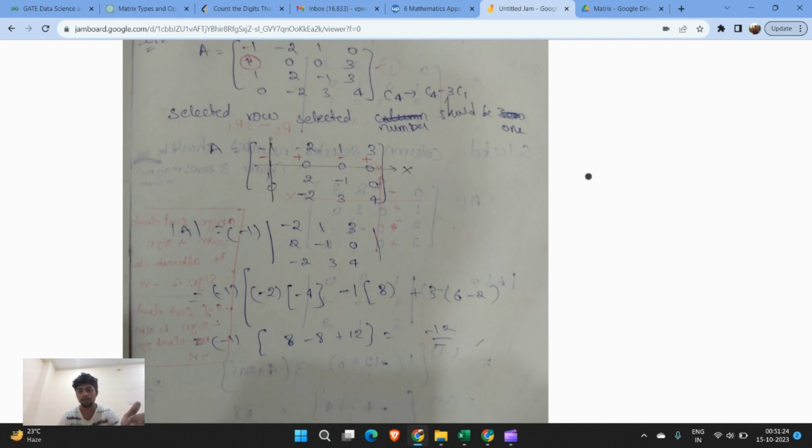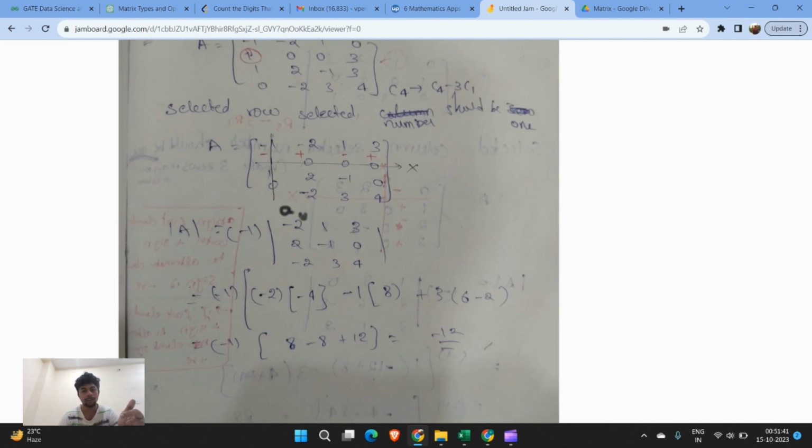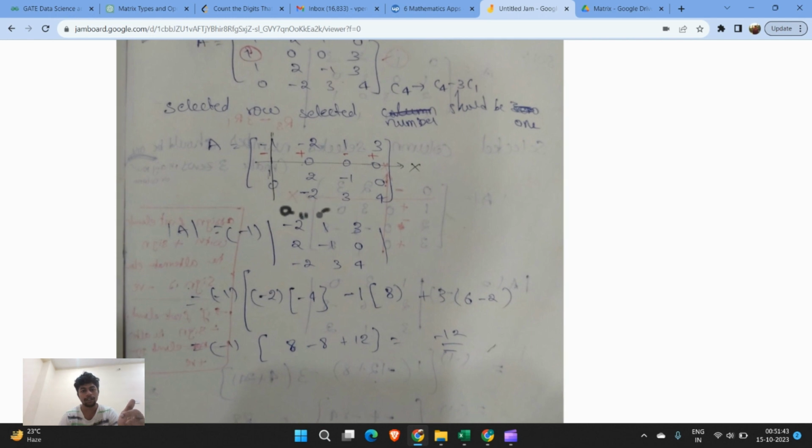Let's assume this is the first row, first element, first row, second element, first row, third element. It is indicated as A11. This is indicated as A12.